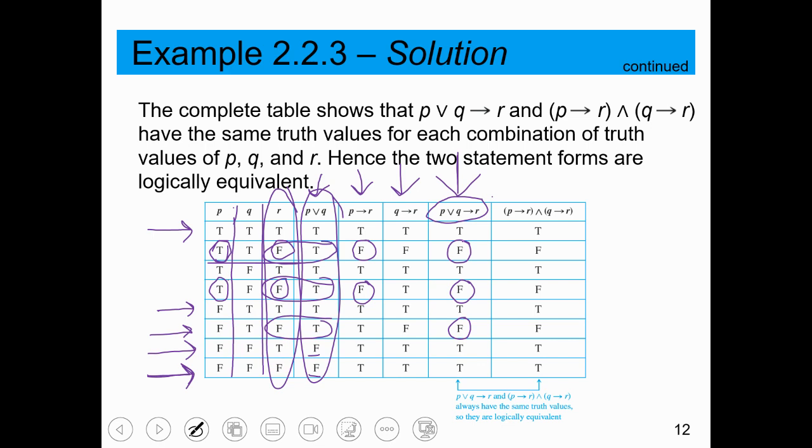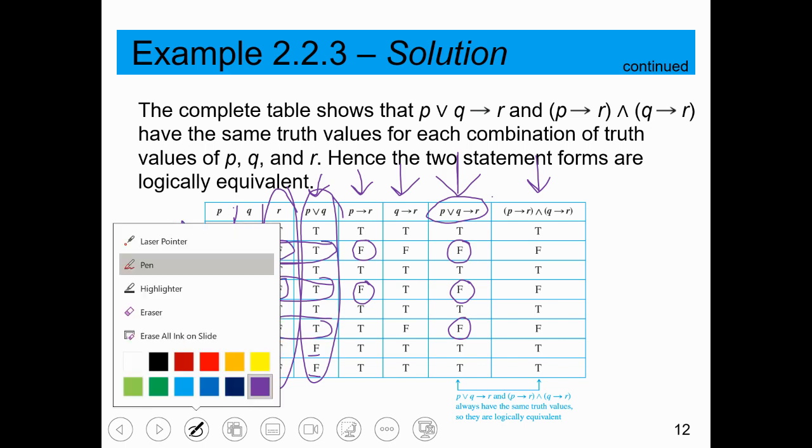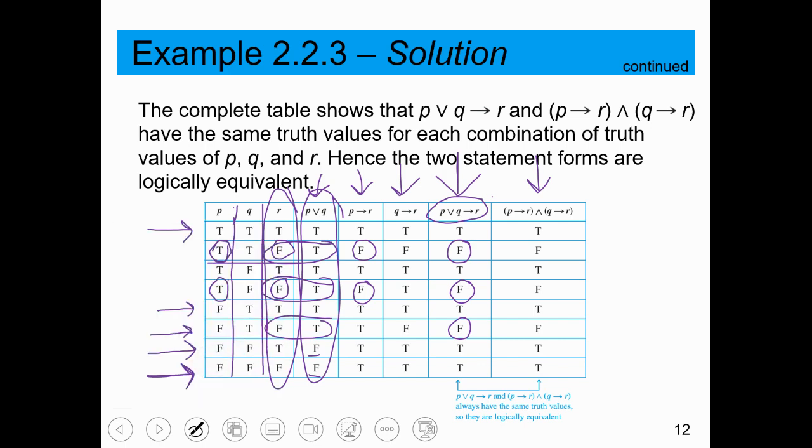All right, finally, let me just use a different color here. So here we're looking at the P implies R column, and we're looking at the Q implies R column. And the symbol in between stands for and. So it's only true when both of these are true.